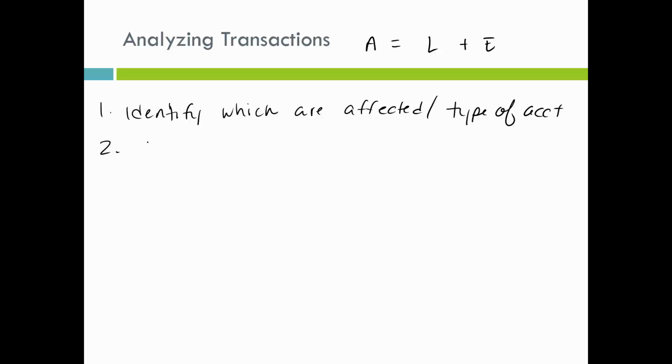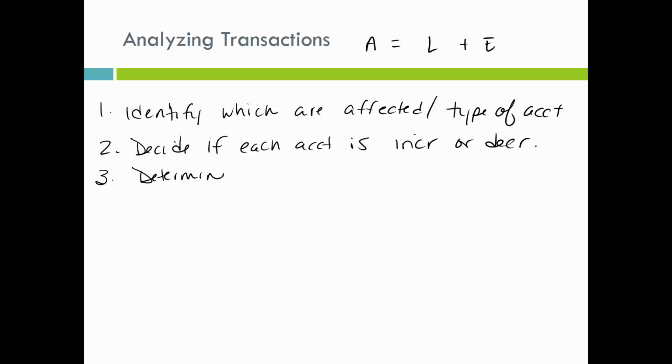Then we decide if each account is increasing or decreasing, and then we look and see if the accounting equation is still in balance. So back to this side, it's an equation, so the left side still has to equal the right side no matter what we did.